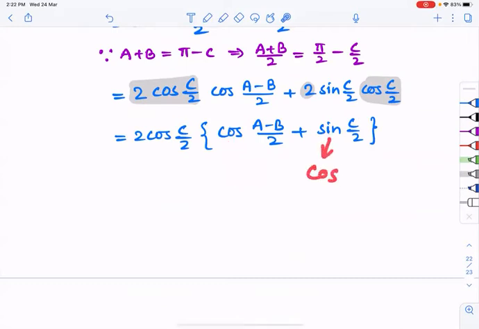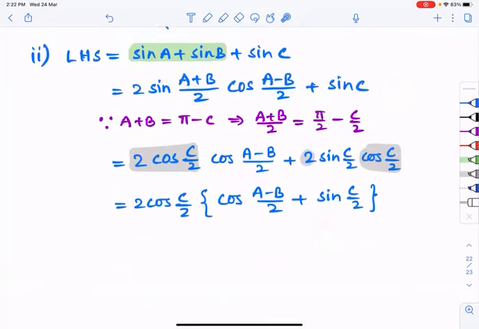Okay. Now, again, we can look at this one, that pi/2 minus C/2 is equal to (A plus B)/2. That's why sin((A plus B)/2) became cos(C/2). So now in place of sin(C/2), it will become cos((A plus B)/2).